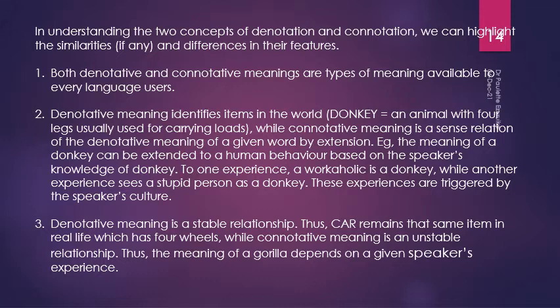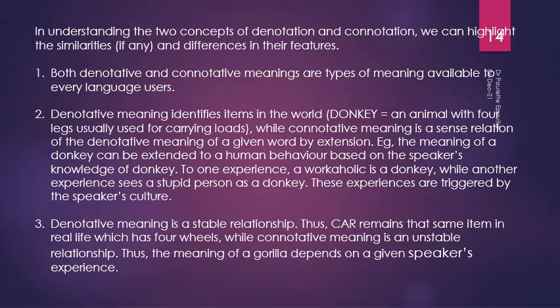Now, we see that in understanding the two concepts of denotation and connotation, we can highlight the similarities and differences. One, we find the similarities because both denotation and connotation are types of meaning available to every language user. Denotative meaning identifies items in the world.